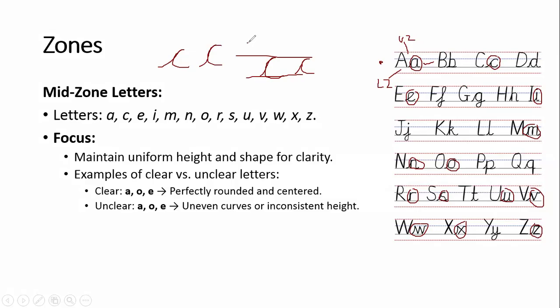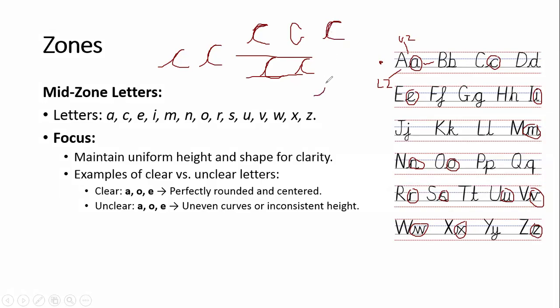So it should be like a full cup. Don't write half C. It should be like full C. And don't write it like this book. So it should be very simple. Okay. C.